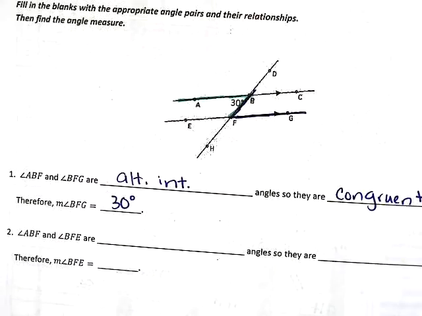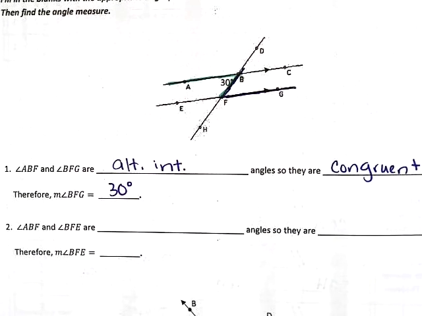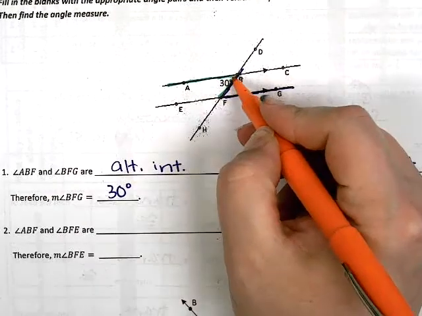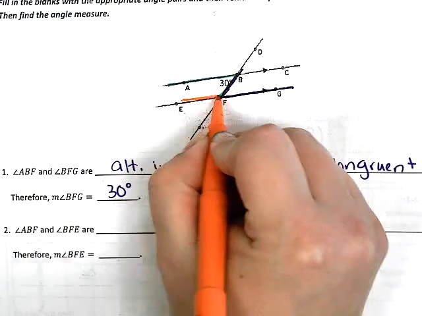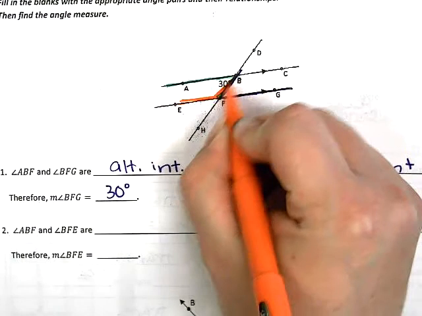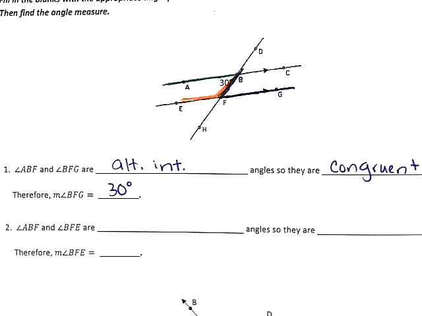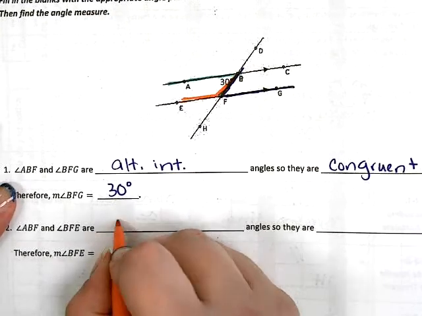All right, now I've got ABF, so that same first blue one that I drew. And now we're looking at BFE. So BFE is actually right here. So the orange and that first blue one that I drew, those are same side interior angles.